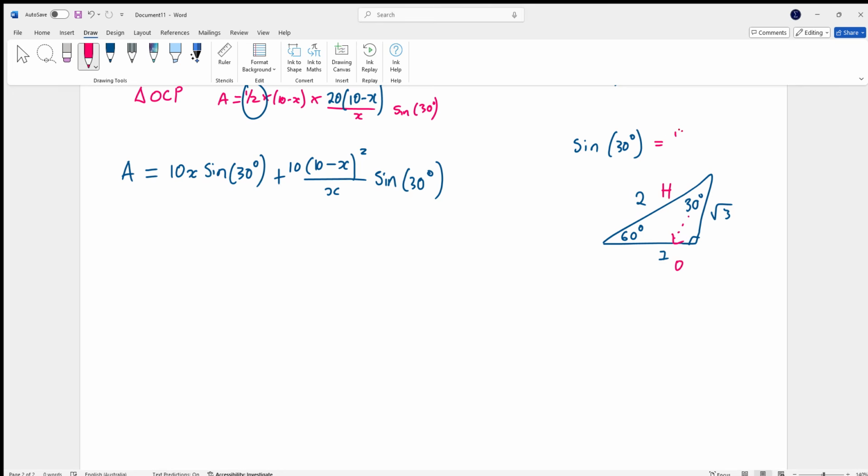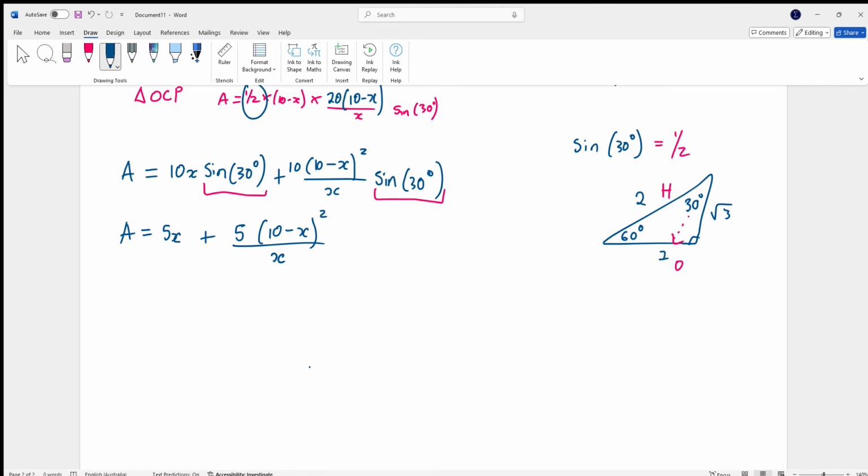So sine of 30 is a half. So both of these turn into a half. 10 times a half is 5, so area is 5x, plus a half times by 10, which is another 5. So 5, 10 minus x all squared over x. There you go. That is not too bad now.